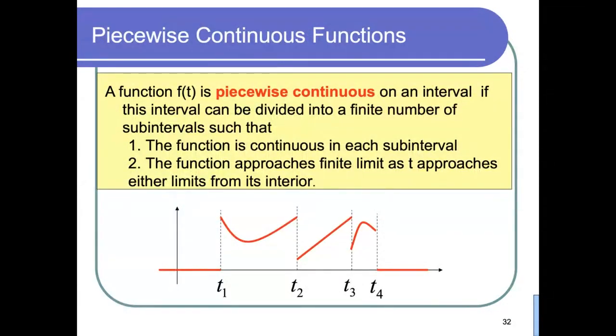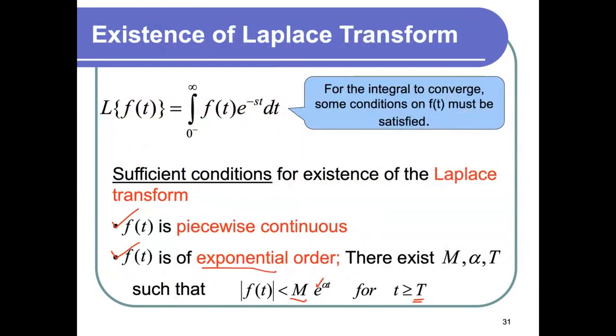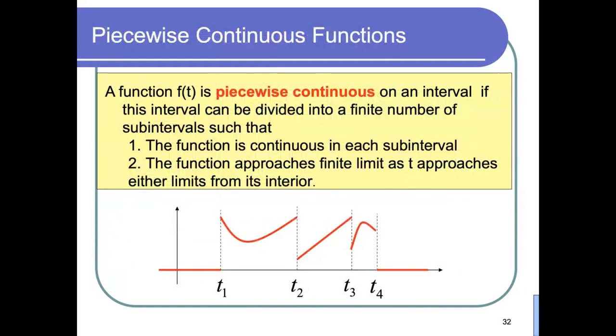So we say that a function is piecewise. Notice that we're looking into these two conditions and we're defining each one of them now. We say that a function is piecewise continuous on an interval if this interval can be divided into a finite number of subintervals, such that the function is continuous in each subinterval, and also the function approaches a finite limit as t approaches either limit of the interior.